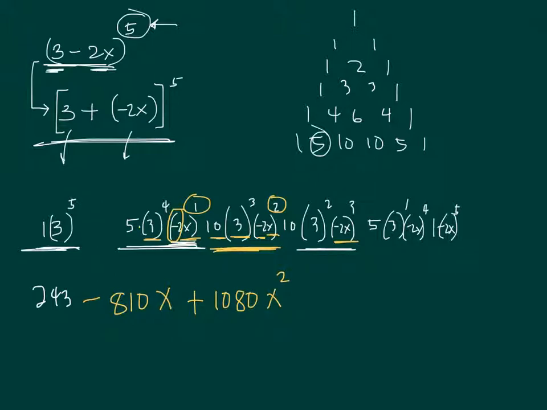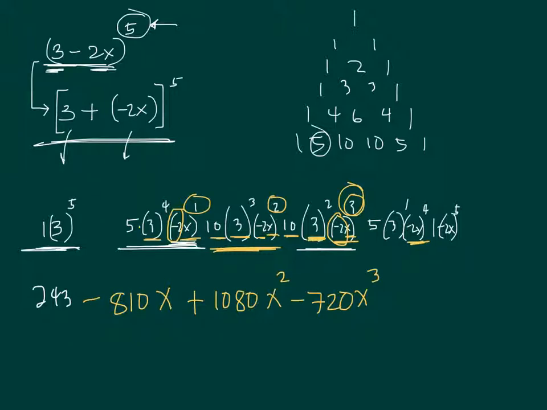And then this, so you see the negative 2 raised to 3, that's negative 8 times 3 squared, that's 9, that's 72, times 10, 720, but this is negative 720, and the x is raised to the exponent 3.